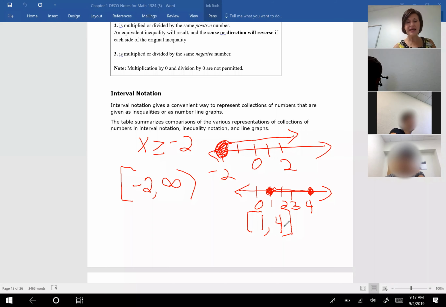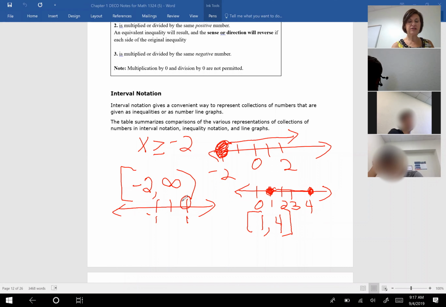Now, let's say we had something and it was like this. So let's say this was 1. And we have an open circle here, and we're going to the left. And we wanted to express that using interval notation.